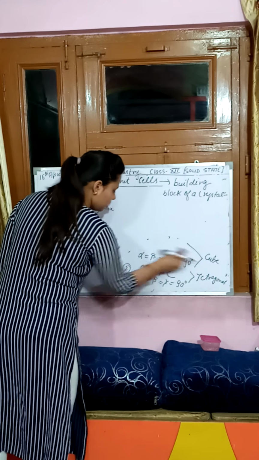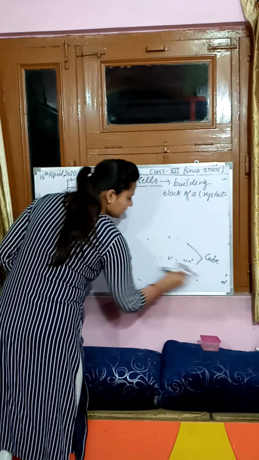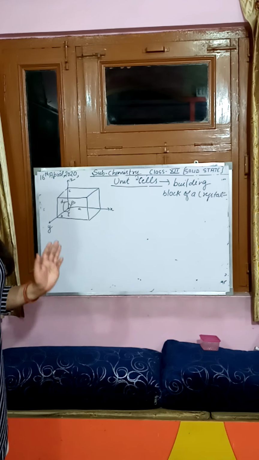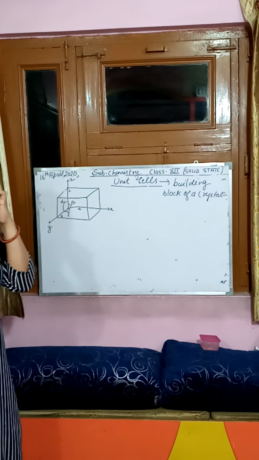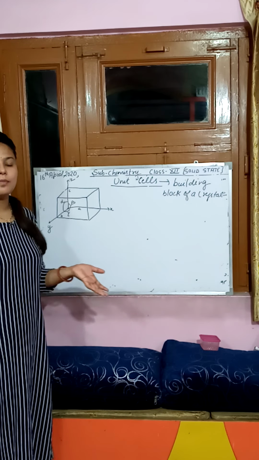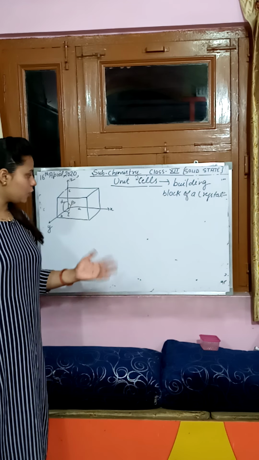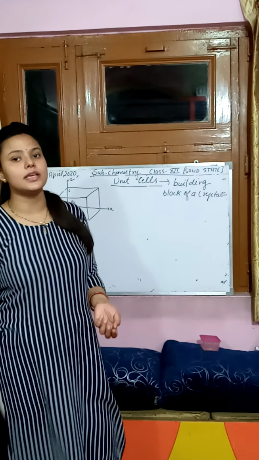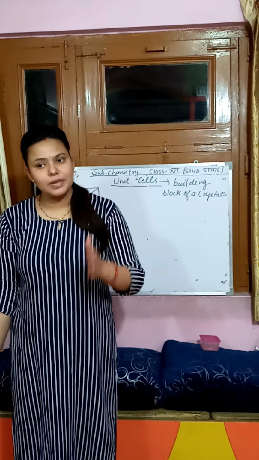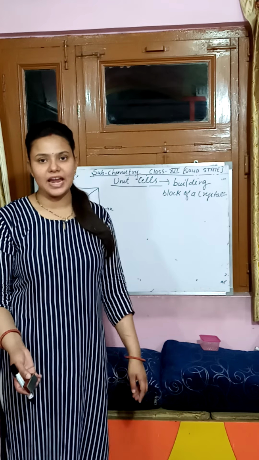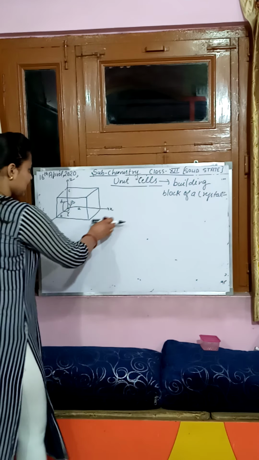Now, we have seen that on the basis of these parameters, a unit cell is divided into 7 crystal systems. Okay. Now, what if we have to consider the particles' arrangement? हमको अब consider करना है that how the particles are arranged in this unit cell, and on the basis of the particle arrangement, again the unit cells are divided into further categories that we have discussed in the last class.